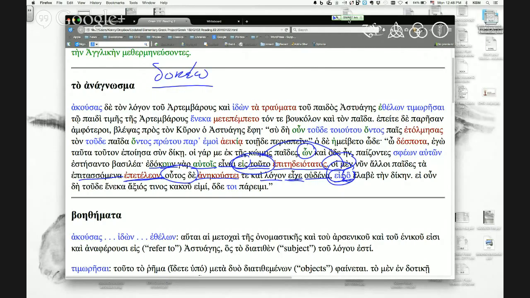Isn't that what you do, Justin? If I'm in New York City, I stand on line, not in line.